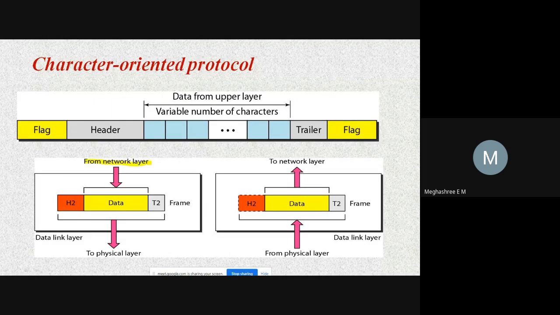To this data you append a header and a trailer, and all this together we call a frame. This process we call framing, and then the frames are passed on to the next layer, the physical layer. So framing is adding a header and a trailer.